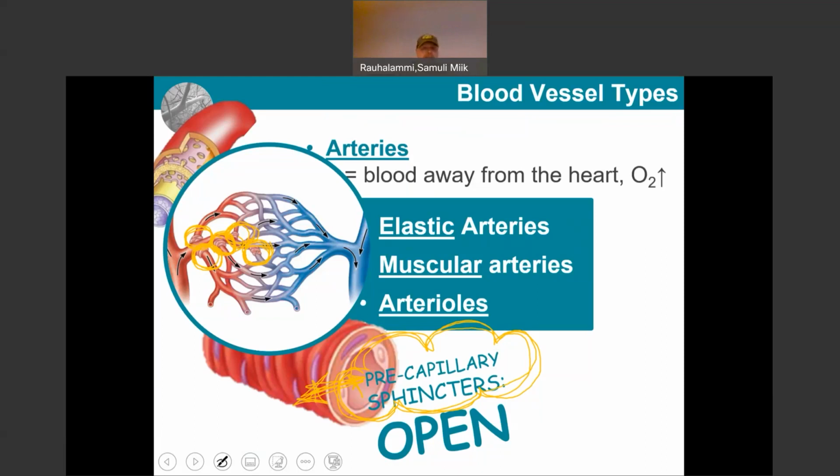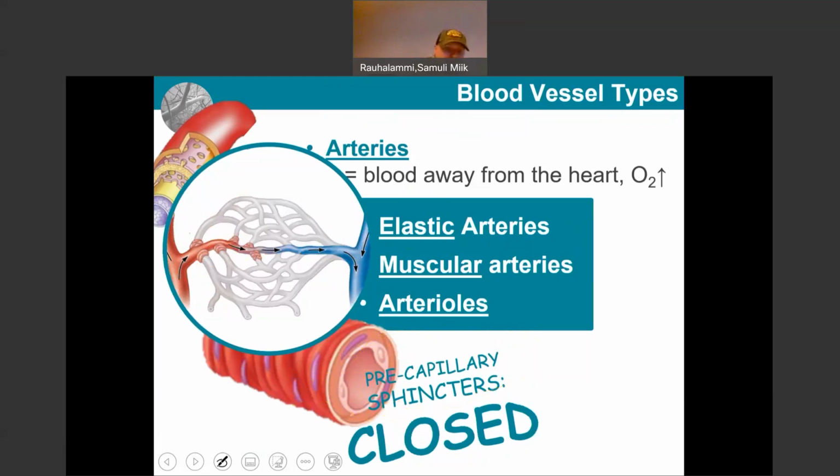This is not always the case. Sometimes we close these pre-capillary sphincters, so we block the blood from going into these capillaries. So we do not want blood spending time going to these capillary networks. We simply want the blood to travel through that area to somewhere else where it is more needed. So pre-capillary sphincters can also be closed.